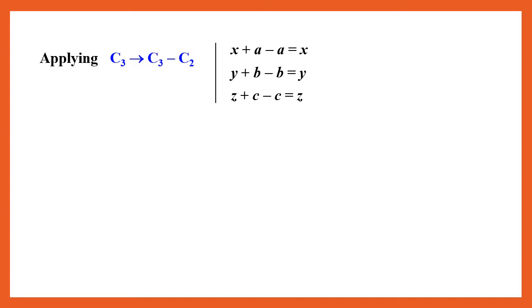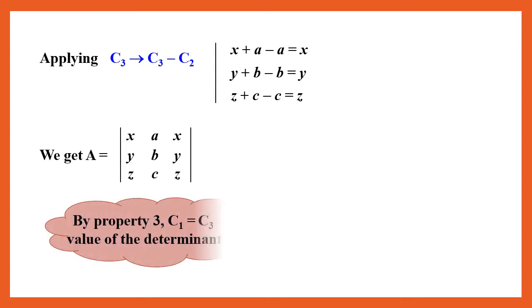On simplifying, we can see the new elements of the C3 will be x, y and z. So when we substitute these values in the determinant, we can see that the elements of C1 and C3 are identical. Therefore, by the property 3, we say the determinant value of A is equal to 0.